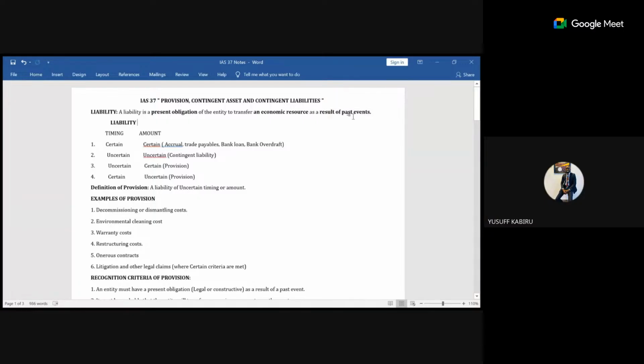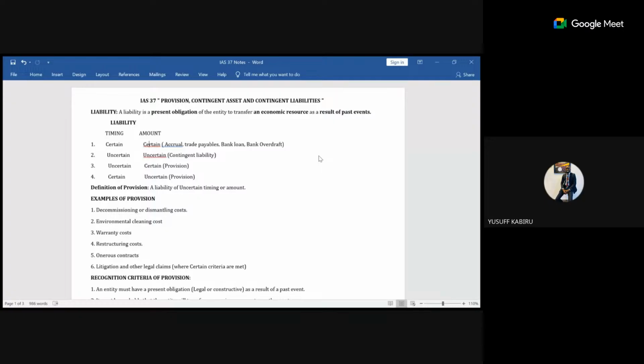Although there are some tricky questions I can adopt from ACCA, like the 2023 diet. Yes, we solved that particular question during our APEX revision class. That question is a combination of provision and one other topic, but provision itself is actually very, very straightforward.